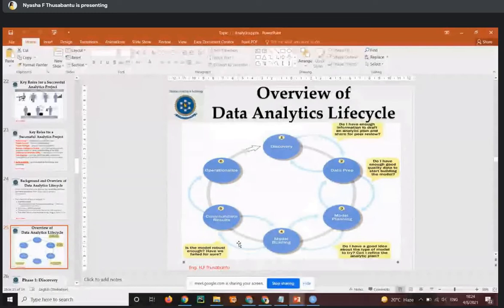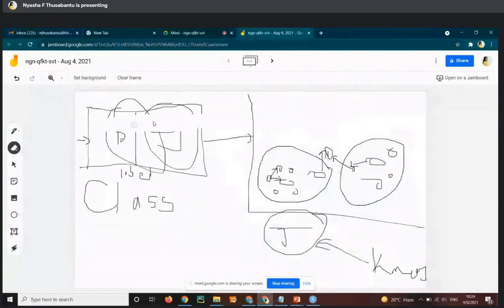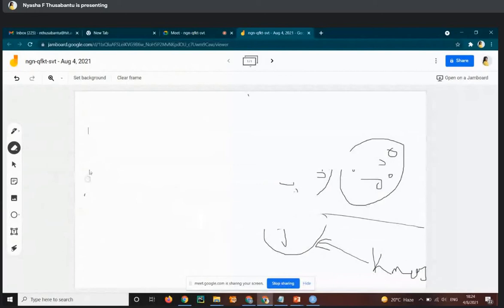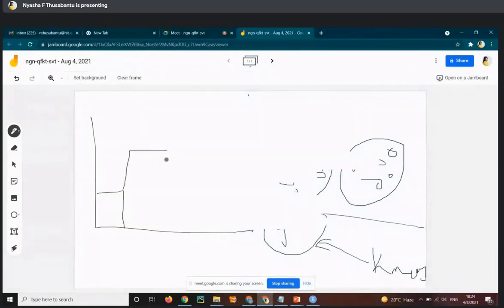I understand, if I see a graph like this, suppose, what I know is there is a decline somewhere.